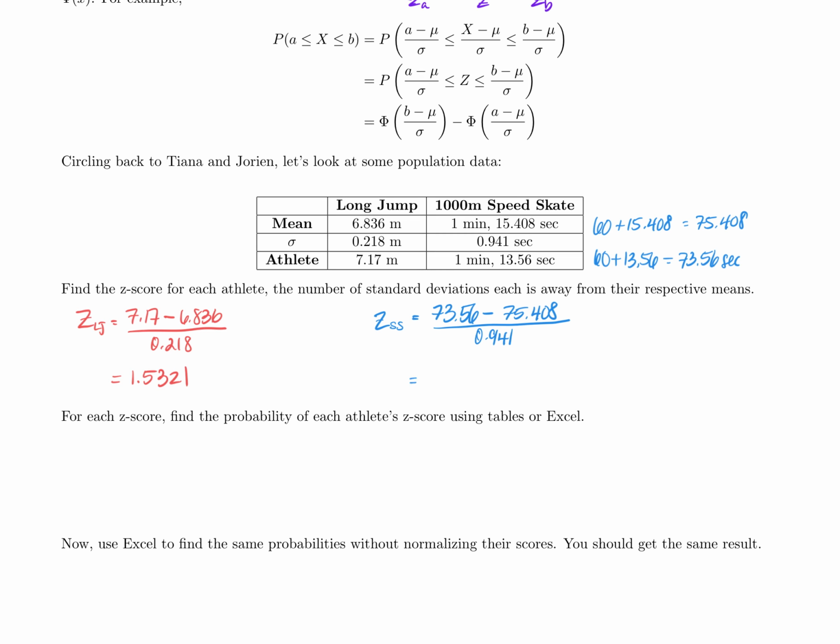Or a z-score that is a negative 1.9639, a z-score that lands our speed skater 1.96 standard deviations below the mean.